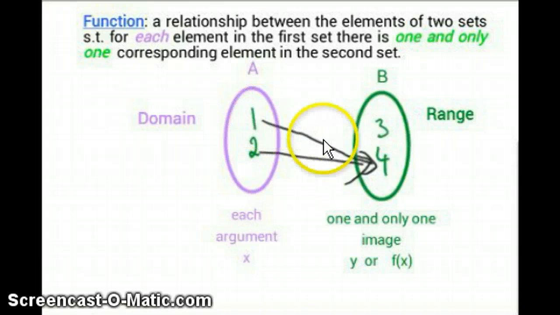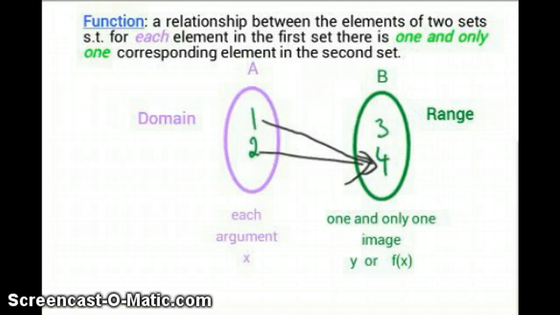So the image for 1 is 4, the image of 2 is 4. Well, people say, well, it's the same. So how come it is a function? Well, the function says that each of the arguments should have one image. It doesn't say that the images should be the same or different, or anything about the images. So this is a function.